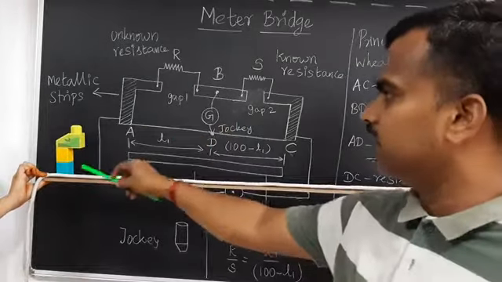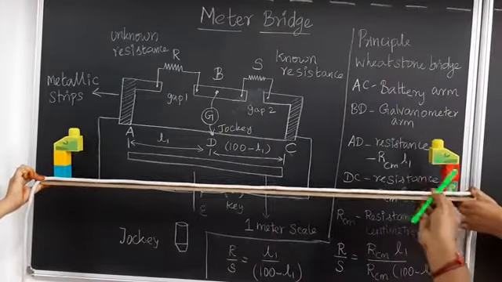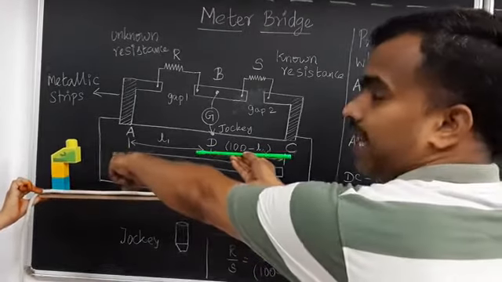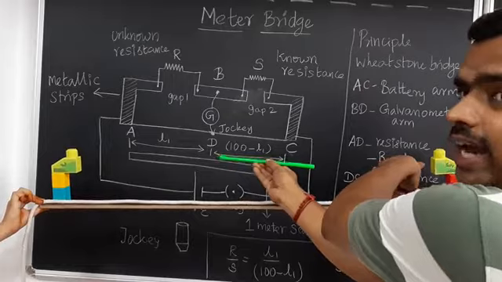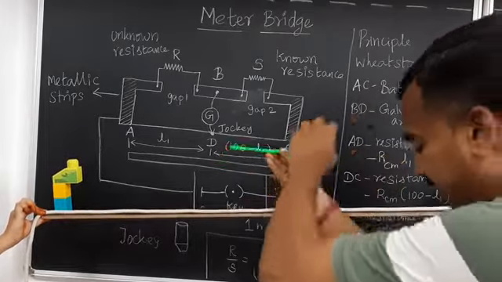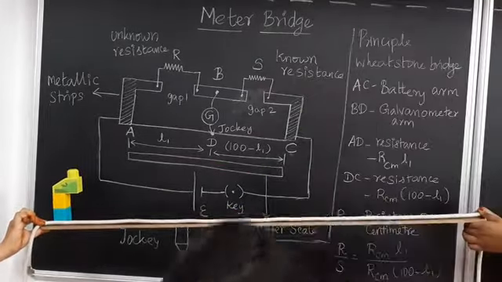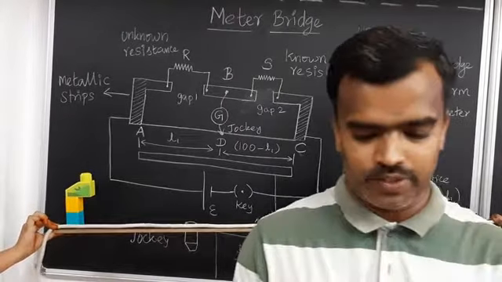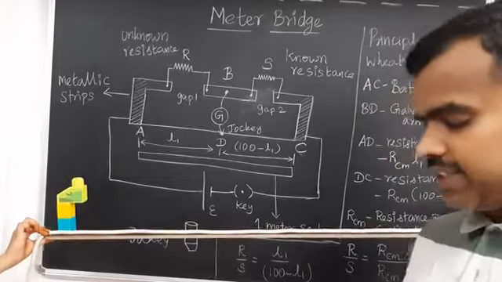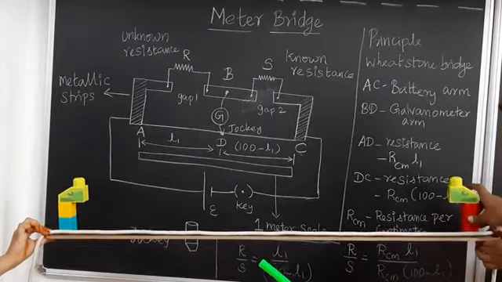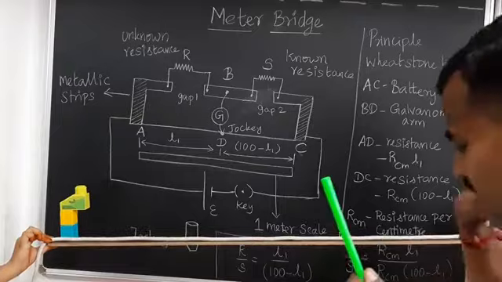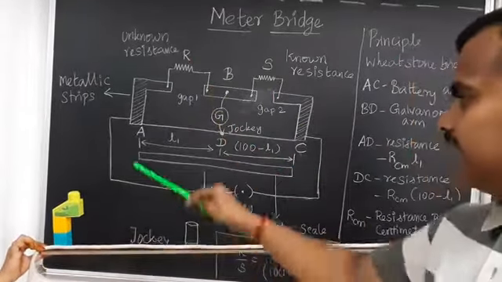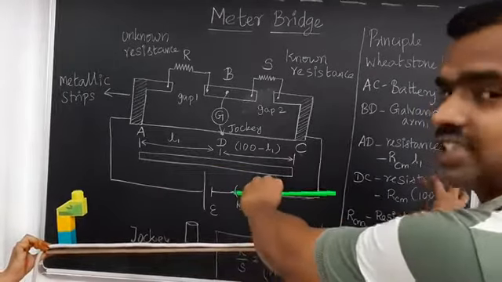This metallic strip is also a conductor, this metallic strip is also a conductor, and here also a conductor. So here we have one gap, and here we have one gap. In those gaps we are going to fix the resistors.